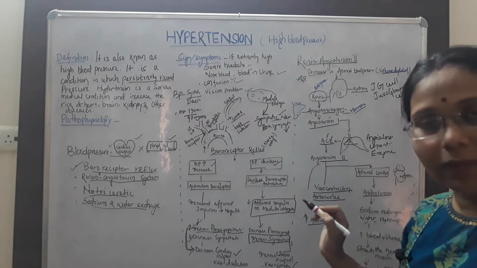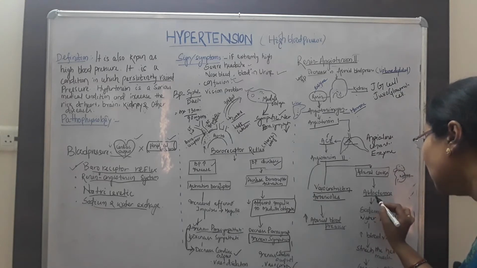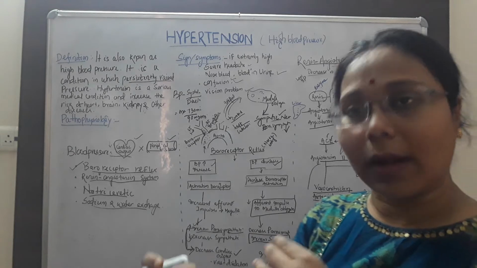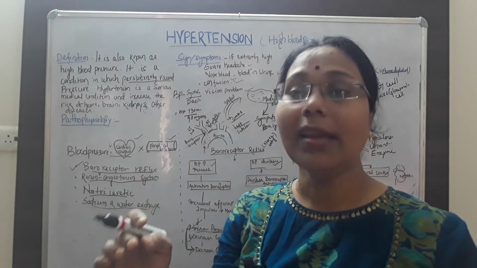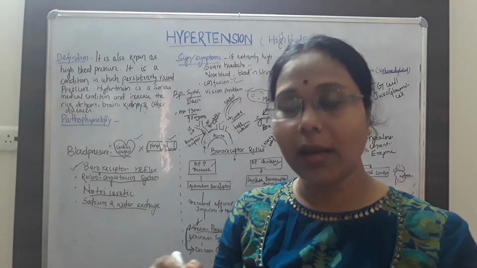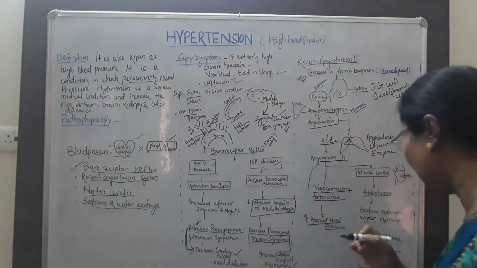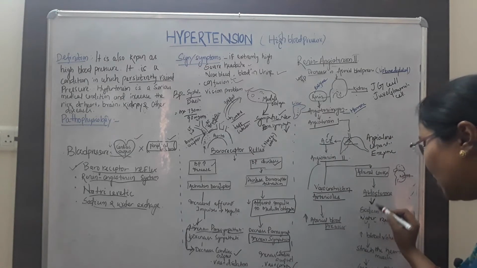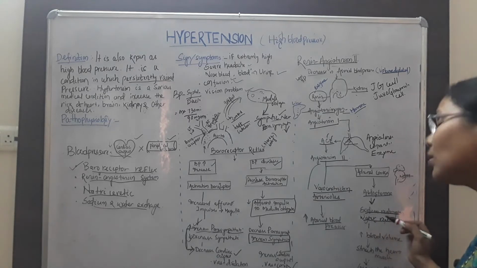The aldosterone is secreted from the adrenal cortex. Aldosterone's main role is in the absorption of sodium and water in the kidney, helping the sodium and water reabsorption process. If aldosterone secretion is high, sodium and water reabsorption is more.